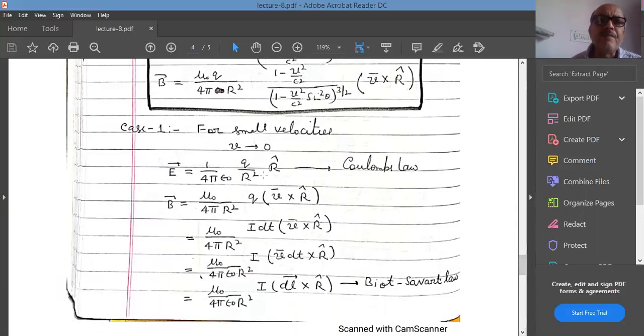One more thing that you have to see here: the electric field generated by a point charge is spherically symmetric. Spherically symmetric means if you have a charged particle at rest, you enclose it by a spherical surface of radius r. All the points lying on that spherical surface will give you the same electric field. That is what is meant by spherical symmetry.